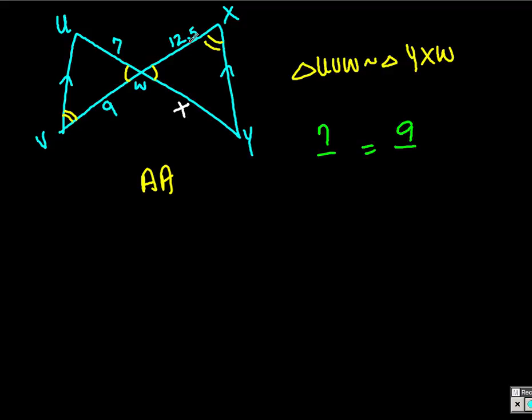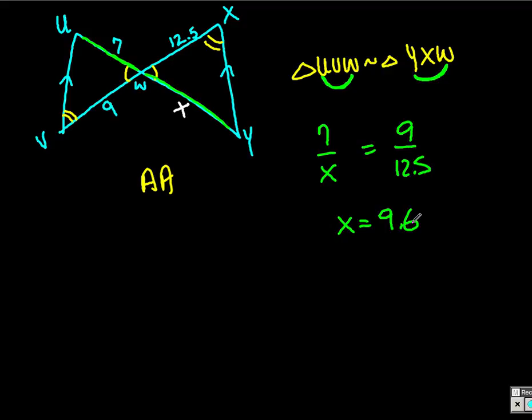Well, here's what we need to do. X is the segment WY. WY corresponds with WU. So that means WU and WY must be proportional. That means this gets the 12.5 and 7 gets the x. I cross multiply and divide, and I should get x equals, I think it was about 9.6 as my answer for that.